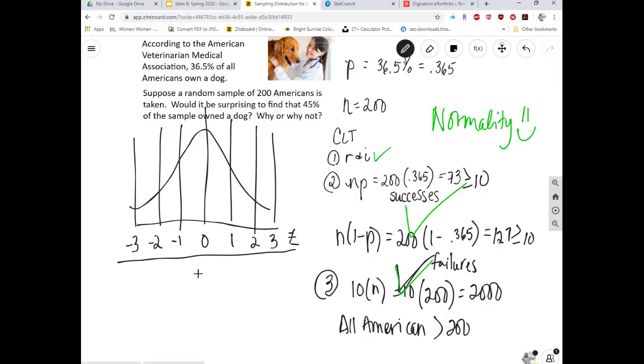My expected proportion is 0.365, and I don't know this distance, but I can calculate it using the standard error formula. So here's my standard error formula. I'm going to scooch this up.